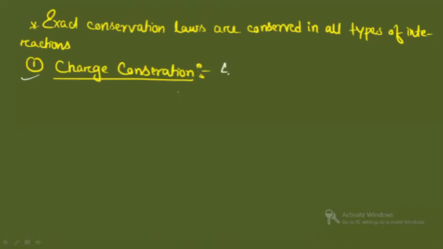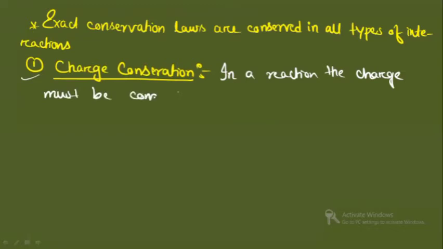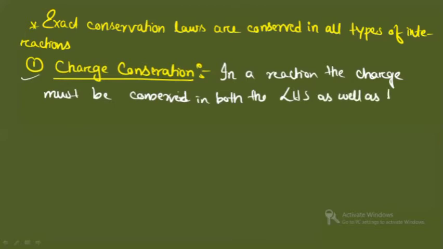So we will write here, in a reaction, the charge must be conserved in both the left hand side as well as the right hand side. All right, means charge of the left hand side must be equal to charge of the right hand side.